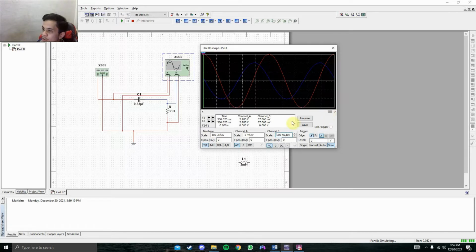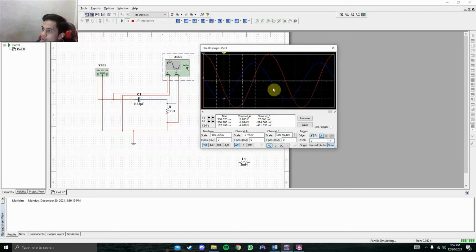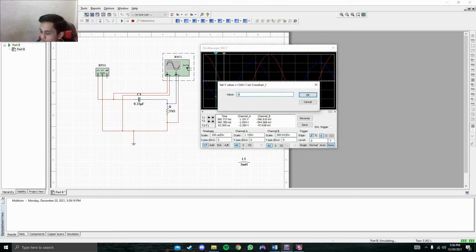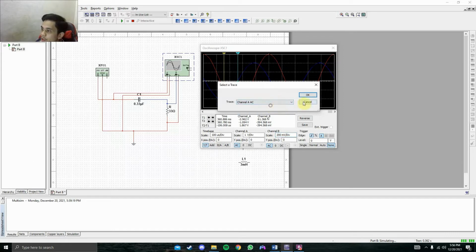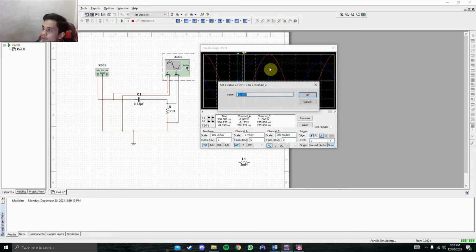And then Y is the difference between the two signals. To find the difference between the two signals, the accurate way is, first we select a trace for channel B, then set cursor 1, set Y value to 0, and then select a trace again for channel A AC, and select cursor 2, set Y value to 0.